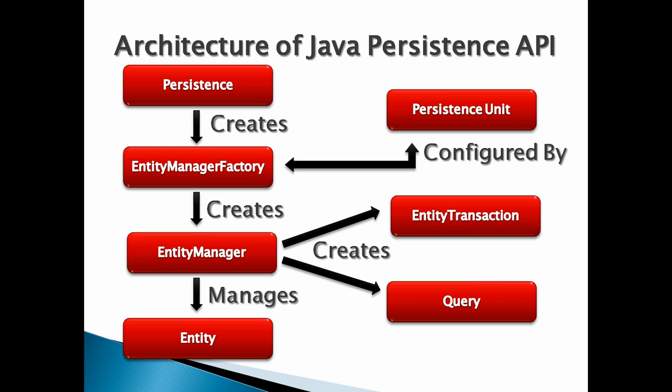Let's move ahead to query. The Query object helps in retrieval of persisted objects from the database. It uses normal SQL queries or Java Persistence Query Language to fetch data from the database and also create new object records in the database. So friends, this was the JPA, Java Persistence API, architecture.